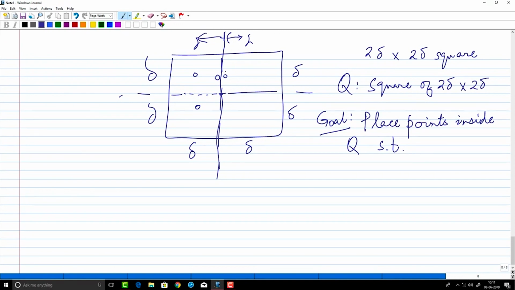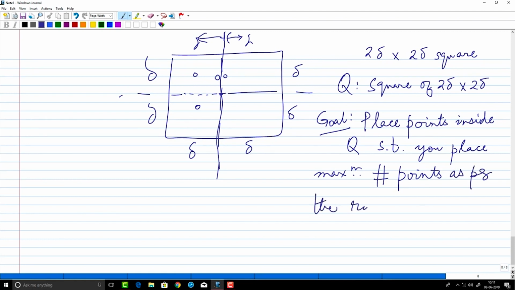So, you understand the condition of the puzzle, right. Such that you place the maximum number of points as per the rule stated.